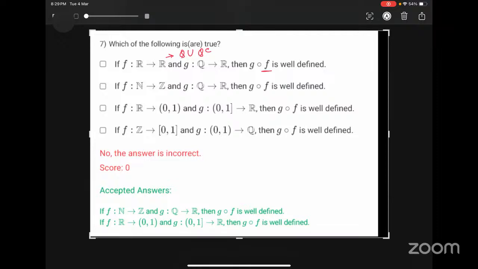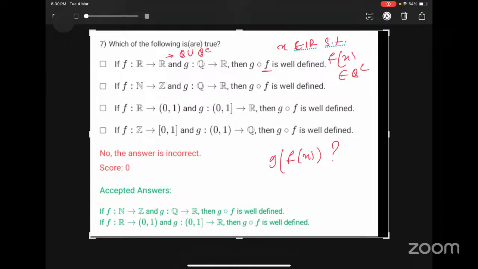Suppose x belongs to R such that f of x is an irrational number. Then can we define g of f of x? Always, can we define it? Just try to answer.